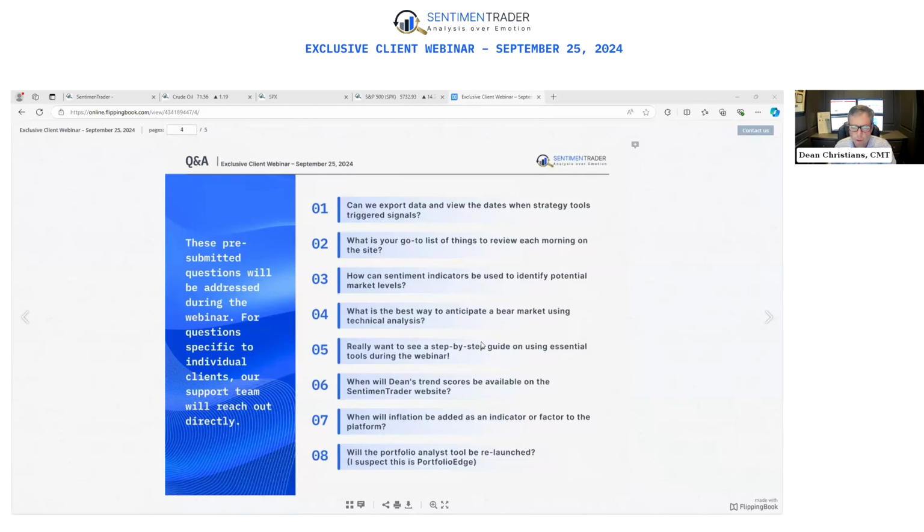Okay, so let's see here. Why not just use the composite risk warning model? Yeah, good question. If you're a long-term investor, that's probably all you should use.